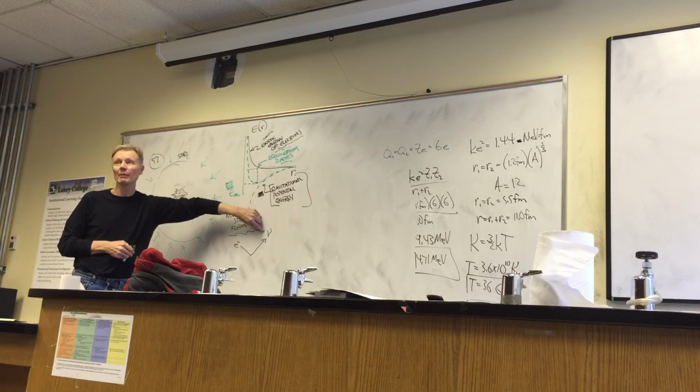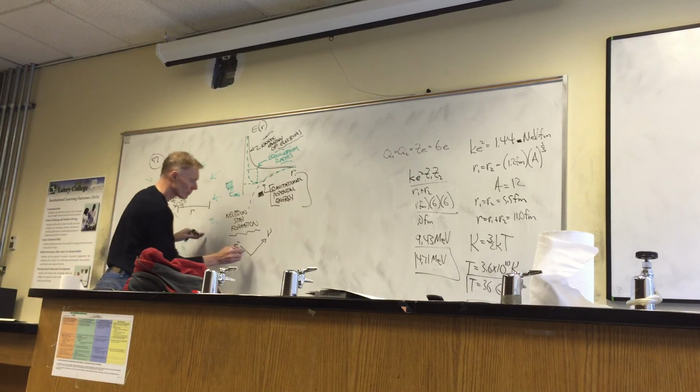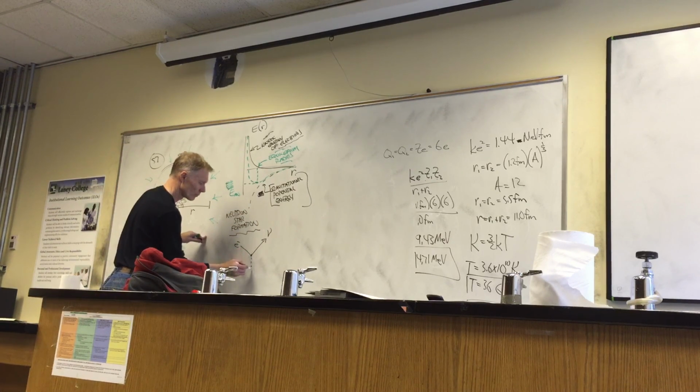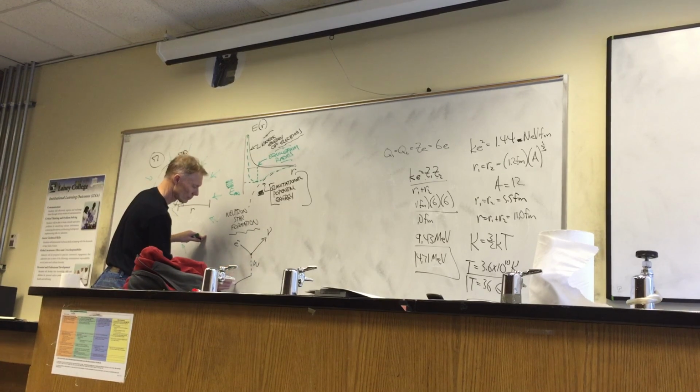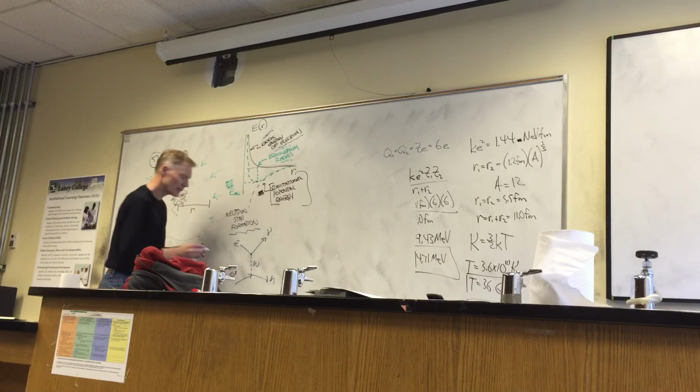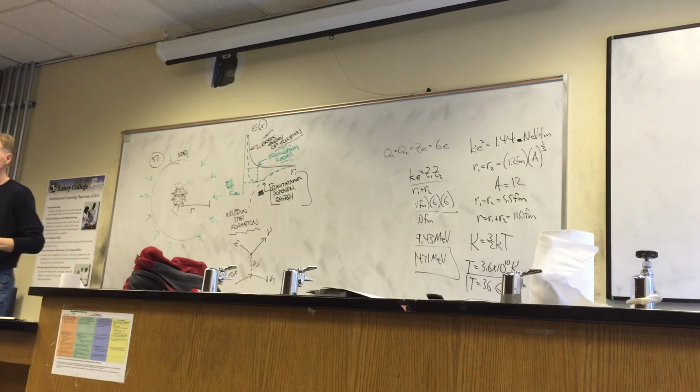Now that reaction can't happen by itself. What would be the other reaction that's happening at the same time? Protons get converted into neutrons. Okay, where have you seen that reaction before? It wasn't beta decay, right? But the N's and P's and E's and U's were all mixed up.